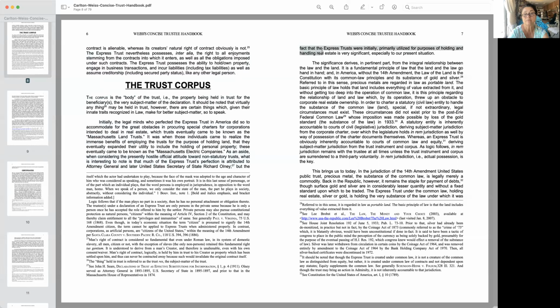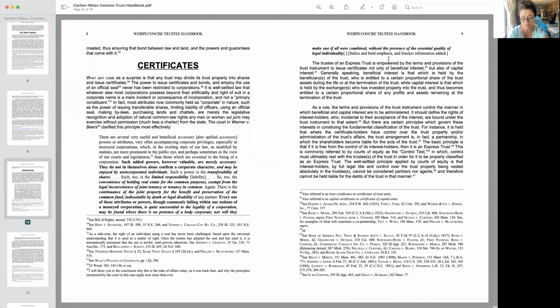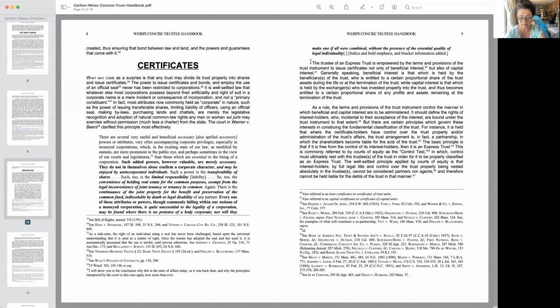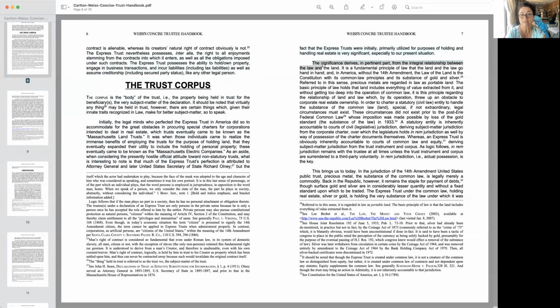But the fact that the express trusts were initially primarily utilized for the purpose of holding and handling real estate is very significant, especially to our present situation. Let's find out, what is real estate? The significance derives in pertinent part from the integral relationship between the law and the land.